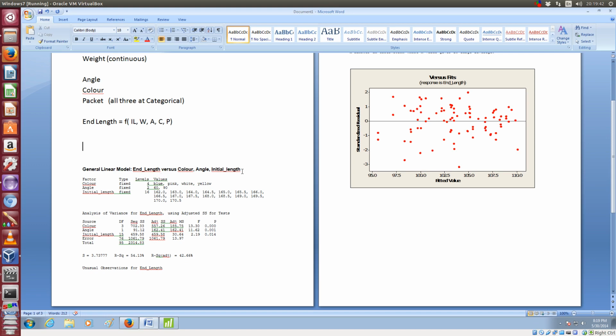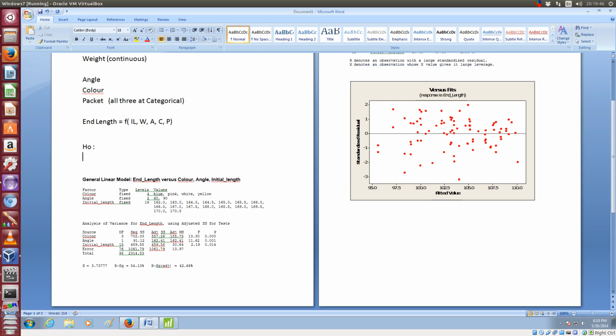As we've got three variables that we're looking at, we need to have three sets of null and alternative hypotheses. So the first one is, if we have a look at color, color is obviously categorical, so we're doing a categorical versus a continuous here. So that just means that the mean end length size is not affected.